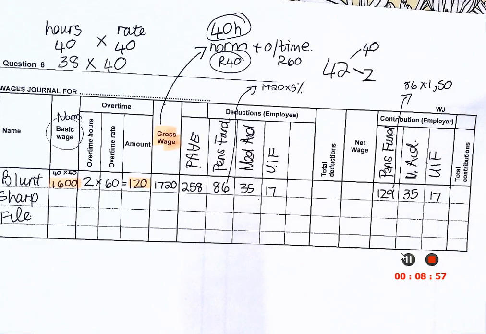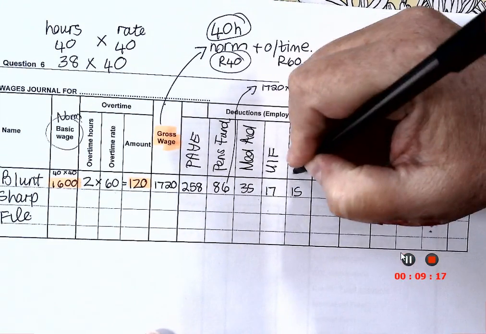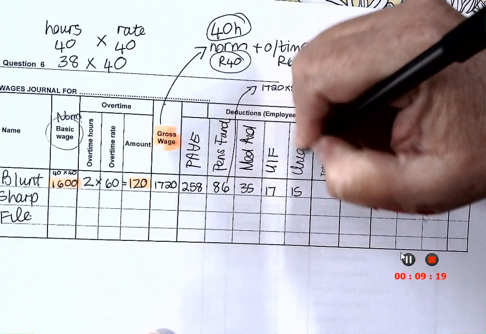And SDL is usually for certain types of businesses that are forced to pay it, like mines, factories. Okay. Trade union. It is compulsory for each employee to belong to the tool workers union, and 15 Rand is deducted. So you say here union.